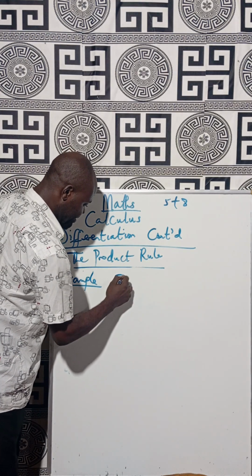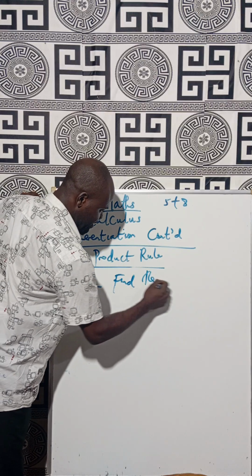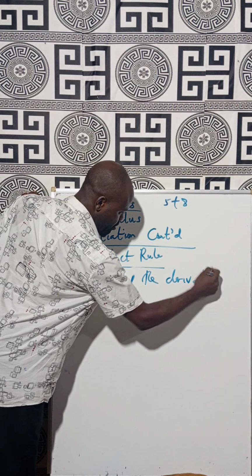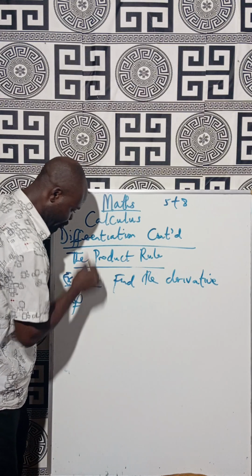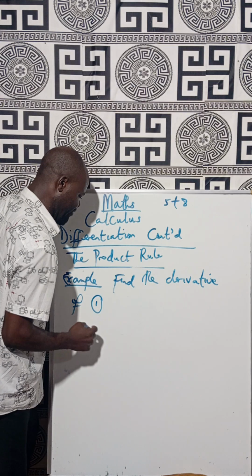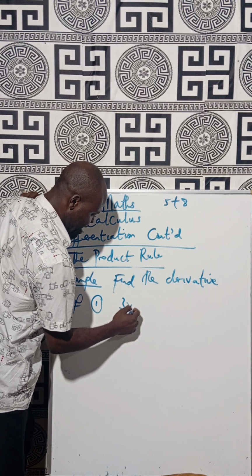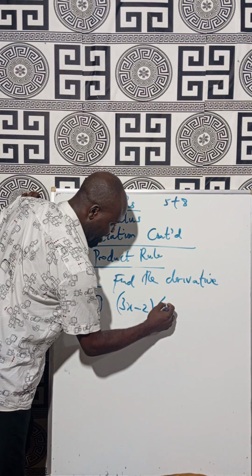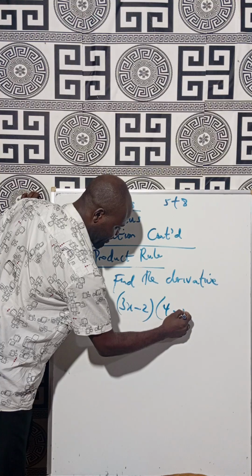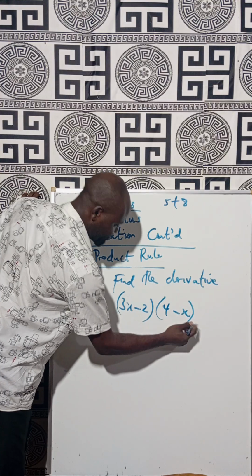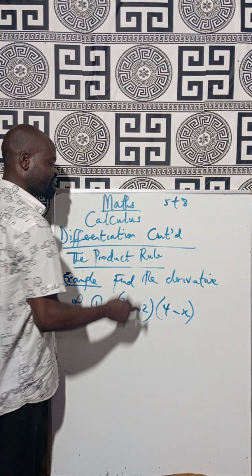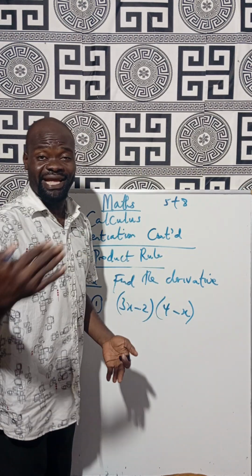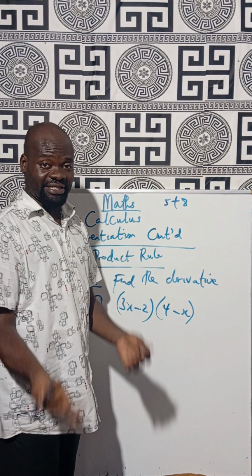Okay, find the derivative of the following. Number 1, let's say we have (3x minus 2) into bracket (4 minus x). Let's start with this. Let's find the derivative. Don't forget, derivative means dy/dx. Don't forget that's what it means.